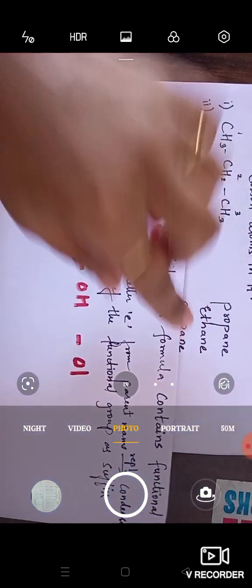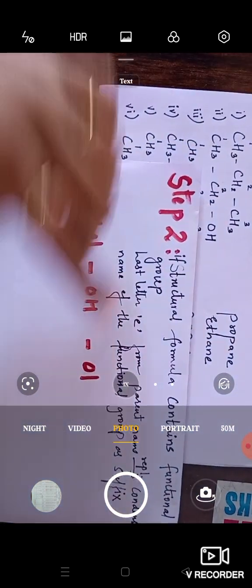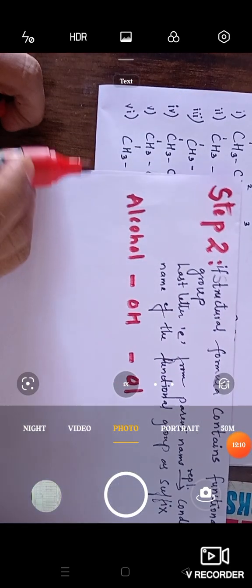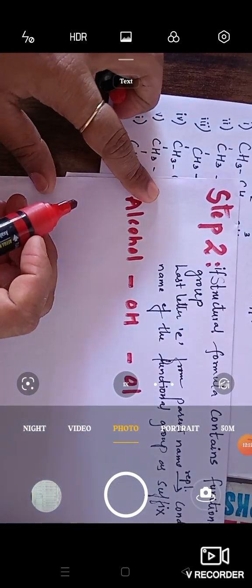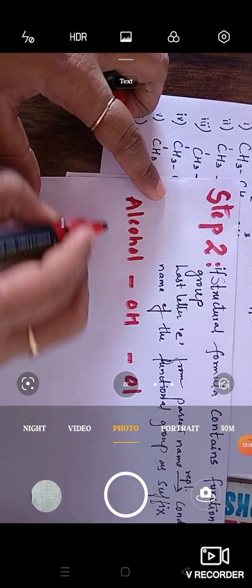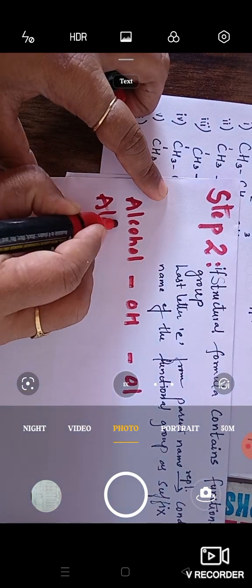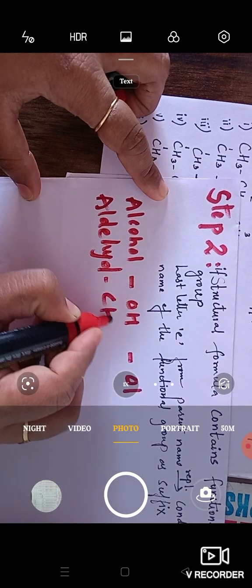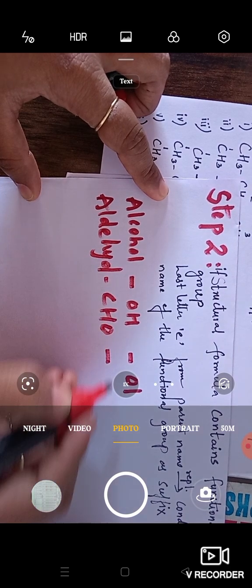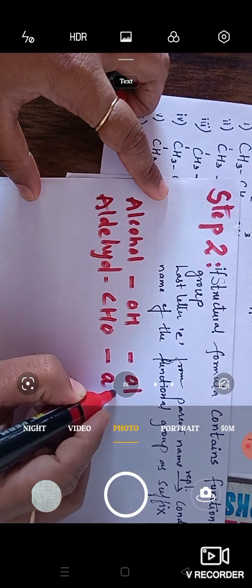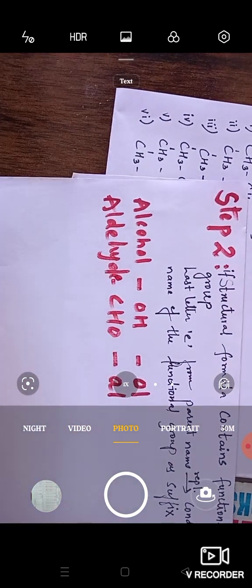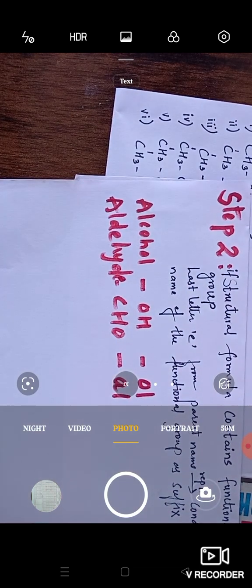So the last letter "e" will get replaced by "ol". If there is an aldehydic group, that is the CHO group, then the last letter "e" will get replaced by "al".